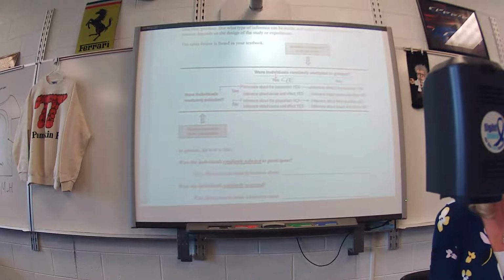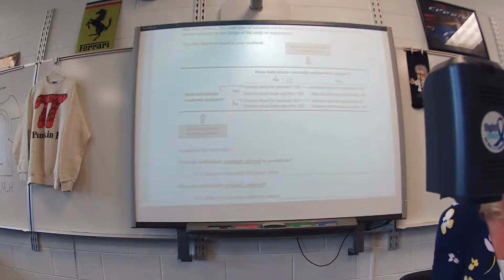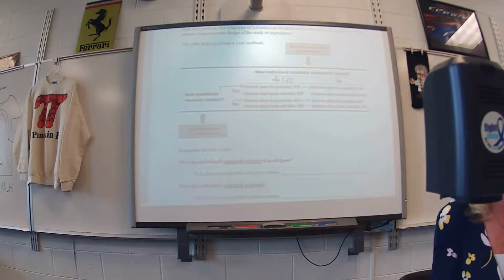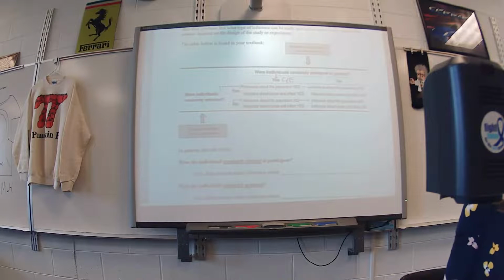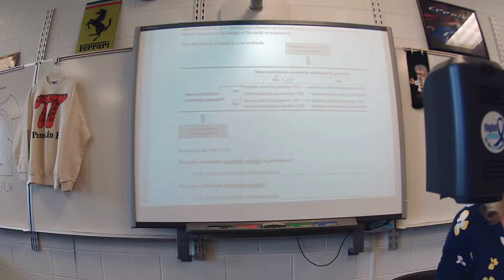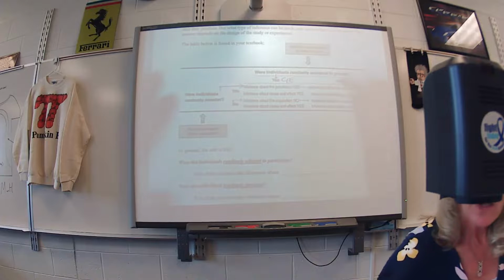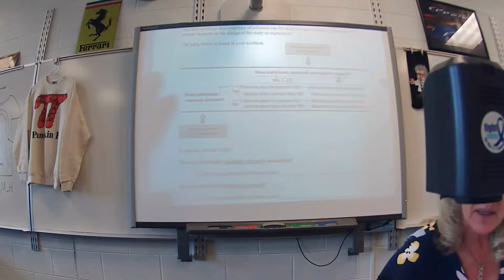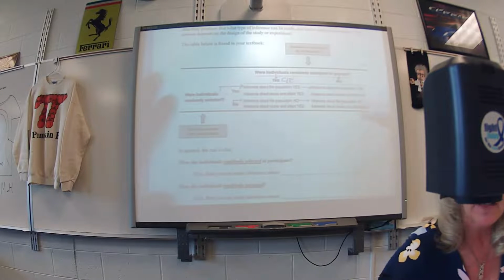You have to have random assignment to treatment if you want to talk cause and effect. If you think your treatment is better and you want to establish that my treatment made those results happen, you have to have random assignment. If you do not have random assignment, you may not talk about cause and effect.